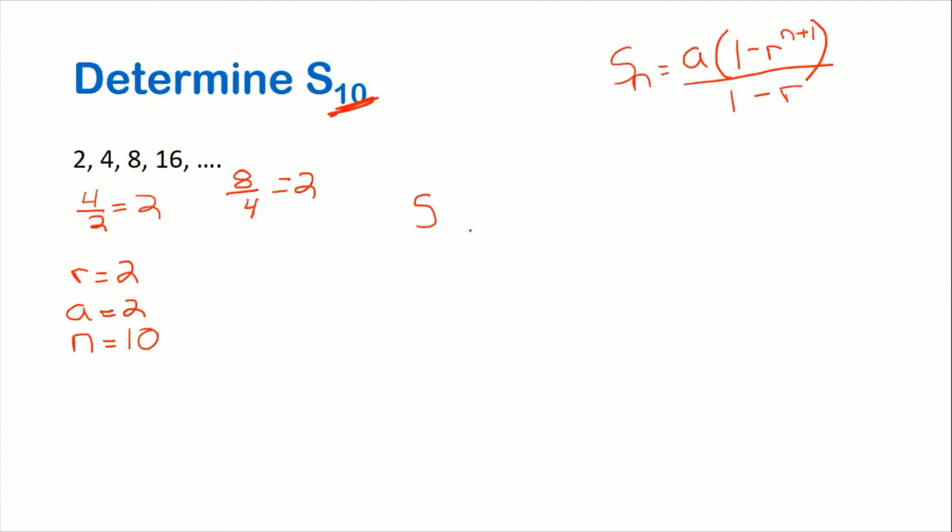So, like I said, all we do now is we plug into our formula. S sub 10 is equal to 2 bracket 1 minus 2 raised to the n plus 1, so raised to the 11th power, all over 1 minus 2. And now we just take out our calculator and we solve.